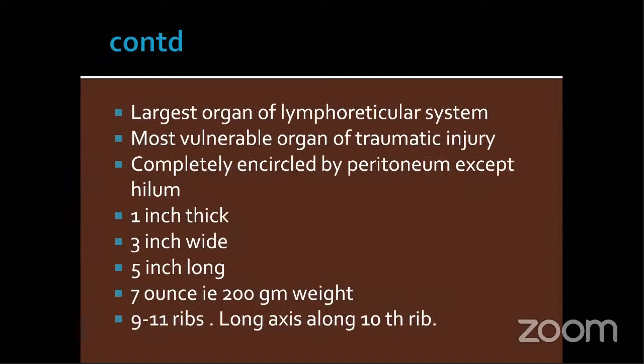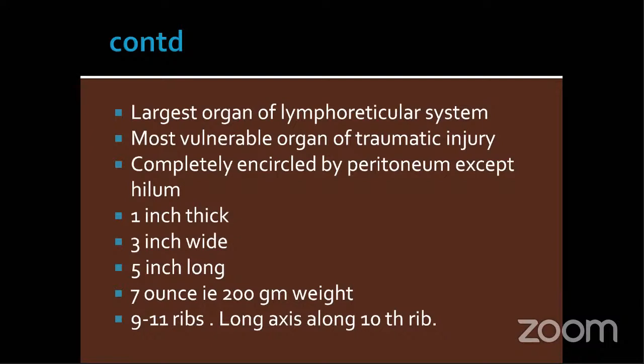Coming to the anatomical and functional aspects, it is the largest organ of the reticuloendothelial system and also the most vulnerable organ to traumatic injury to the abdomen. Isolated splenic injuries are rare.